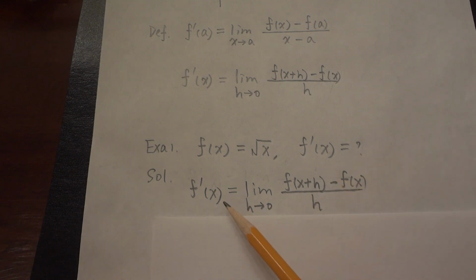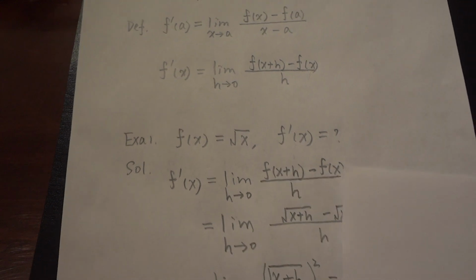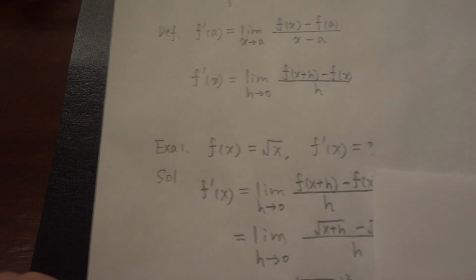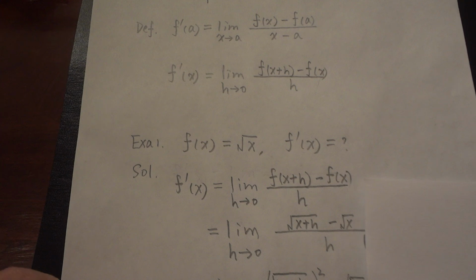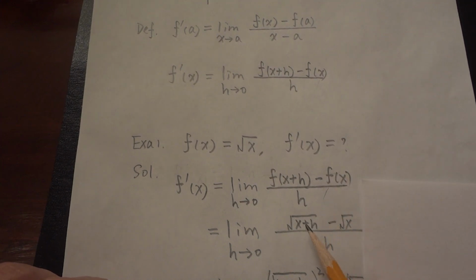f prime of x is equal to the limit as h goes to 0 of f(x plus h) minus f(x) divided by h. And then we simply substitute f(x) into the definition. We get the following: the square root of x plus h minus the square root of x, divided by h.